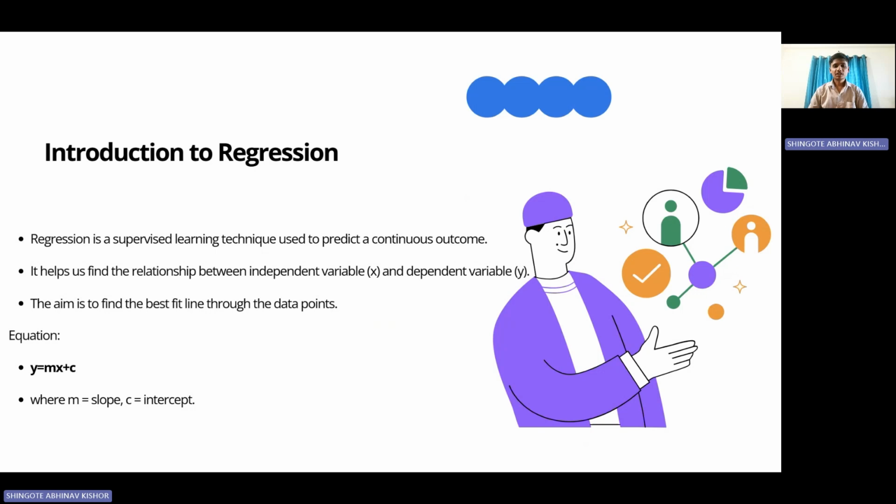Our goal is to choose m and c so that the line fits the data points as accurately as possible. So the main equation is y = mx + c. Let's begin with the next slide.